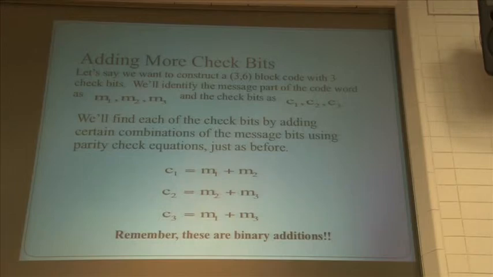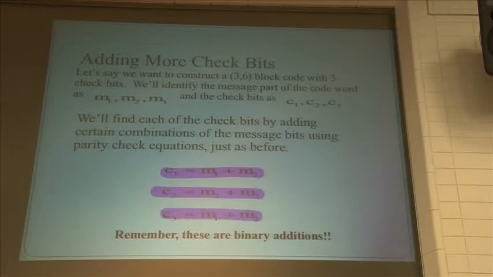And your check bits, your new check digits that you tack onto the end, will be denoted as C1, C2, C3. Here's how you calculate your check bits. Okay. And again, we're working in base 2. It's all binary. It's only 1s and 0s. We only look at the remainder when we divide our sums by 2.